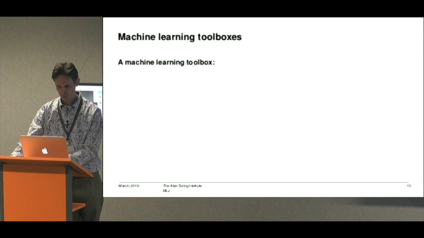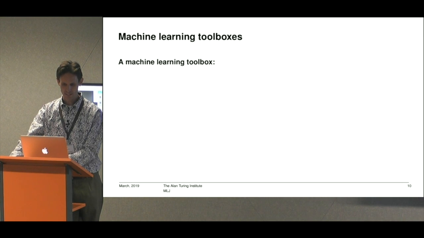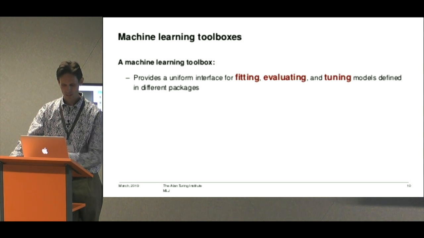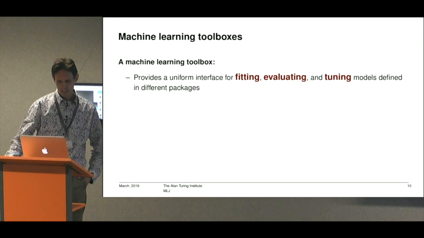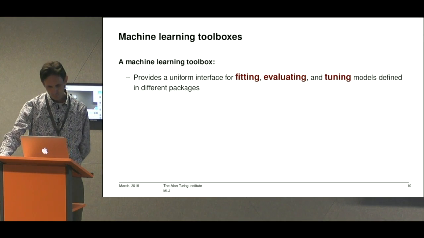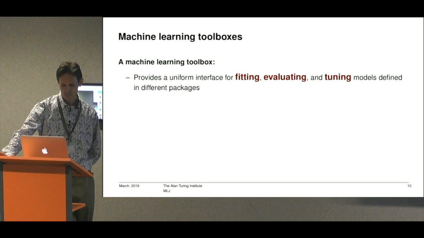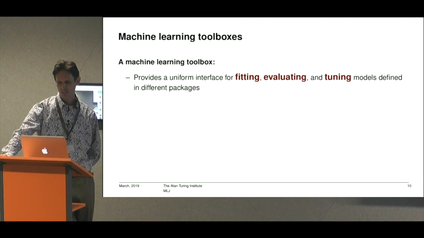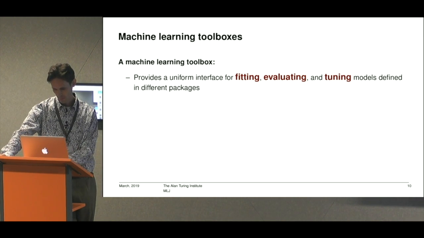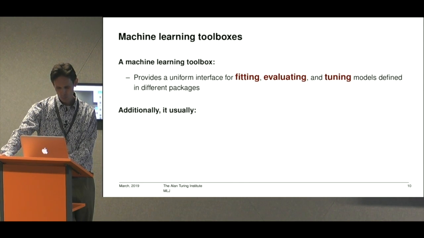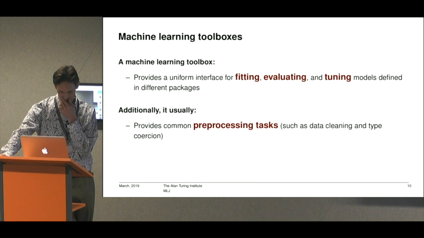And so that's where the role of toolboxes comes in. That's what a toolbox is going to do for you in the first instance. Any machine learning toolbox is going to give you a uniform interface for fitting, evaluating, and tuning the models across multiple packages or multiple sources. Usually it will also do further things for you.